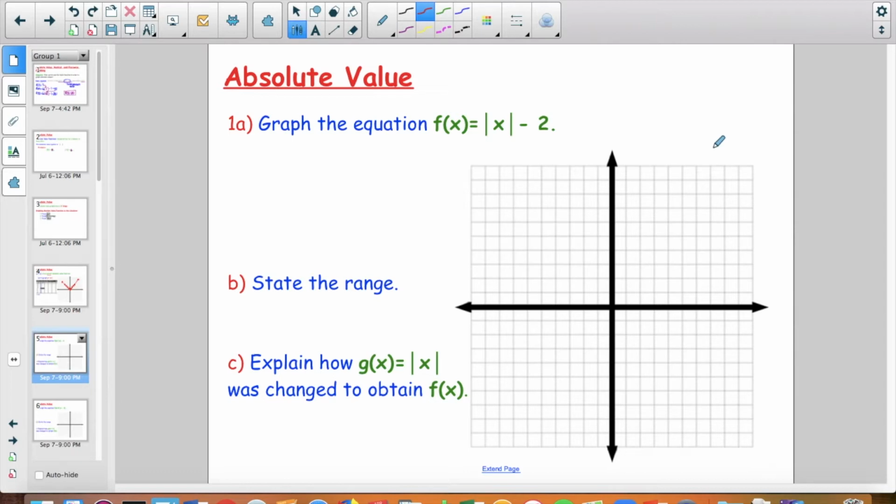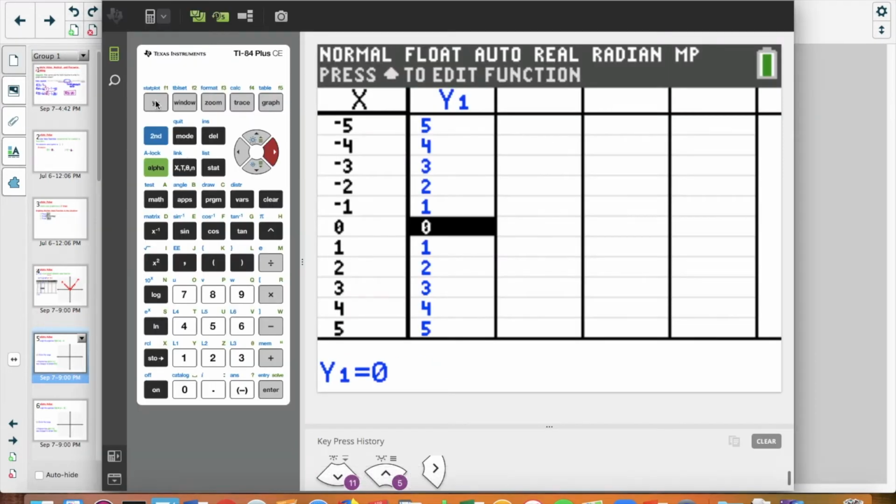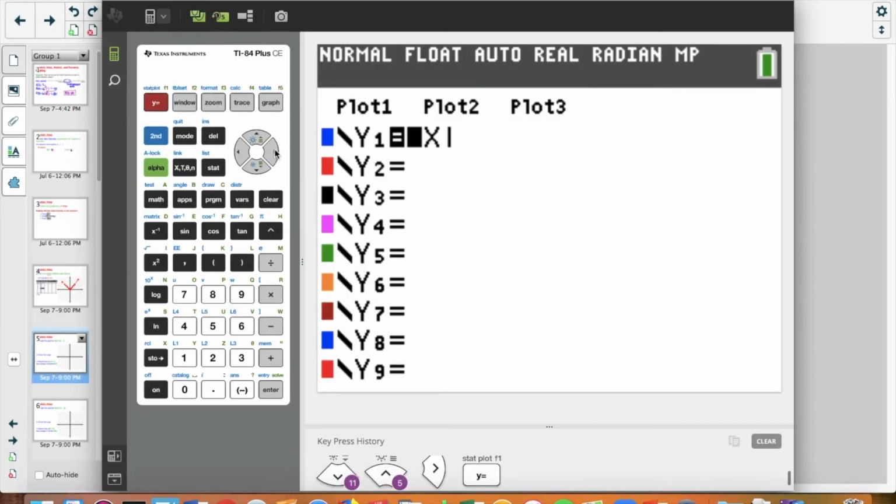Now let's get to graphing something that's not the parent function. So here, let's graph the absolute value of x minus 2. So we're going to go back to our y equals. To get the absolute value, second, 0, enter. So the absolute value of x minus 2.